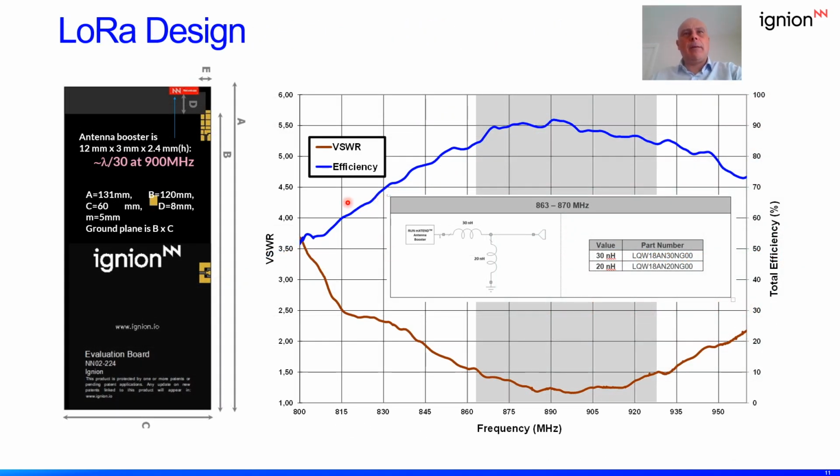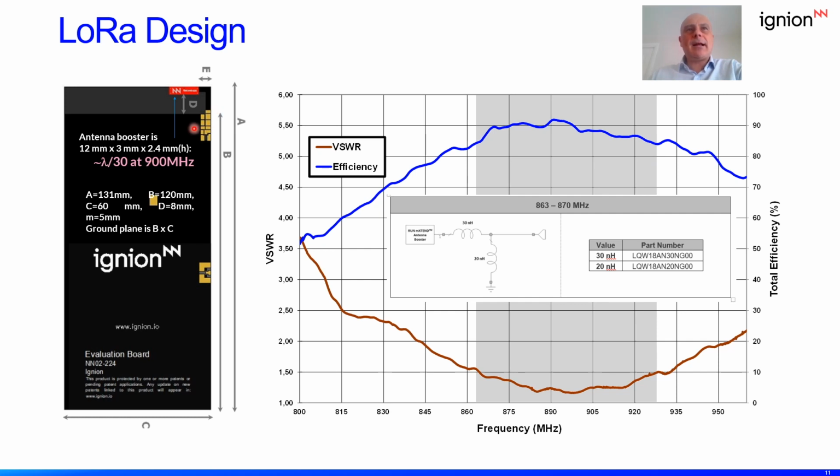Here we have some examples on how a matching network can shape the frequency response of your device. Here we illustrate a ground plane of 131 millimeters with an antenna booster. In this case, it's a very small antenna booster, 12 millimeters, which represents only lambda over 30 at 900 megas.